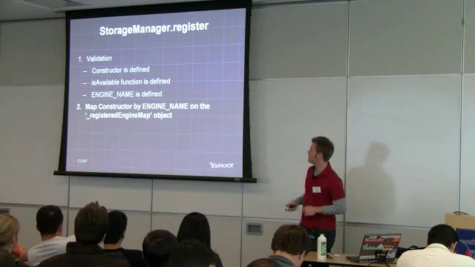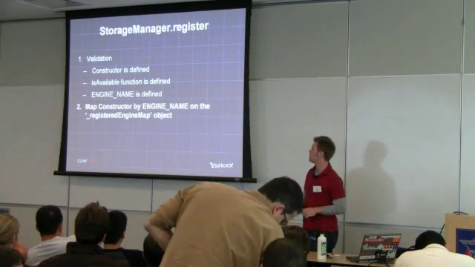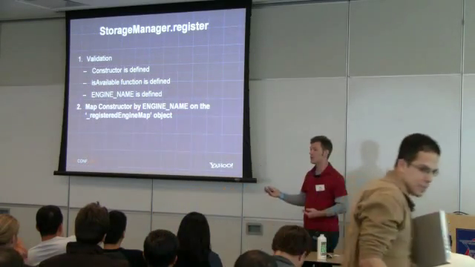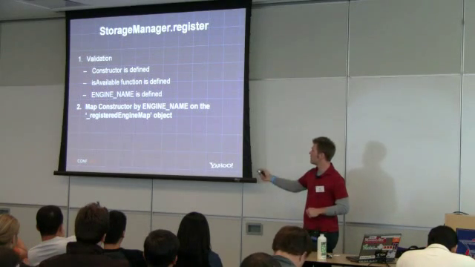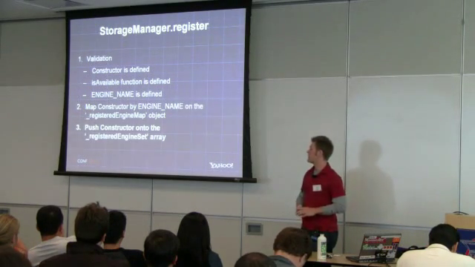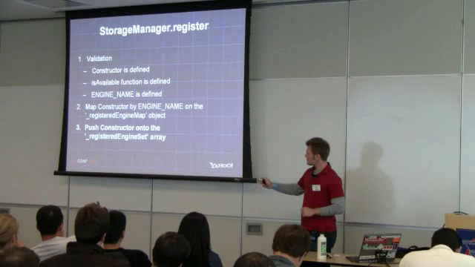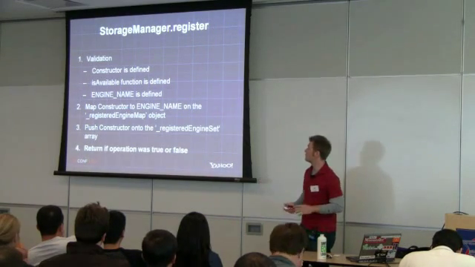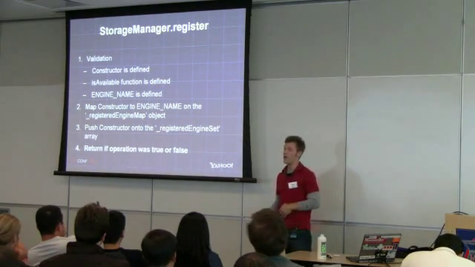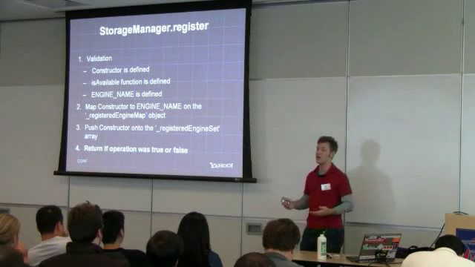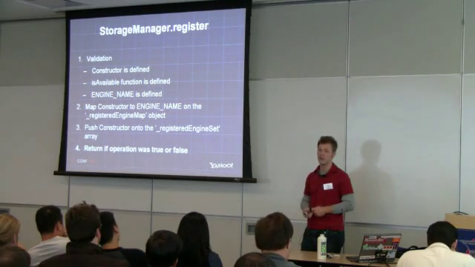And the map that's created is just the registered engine map, and that's a map of the engine name to the constructor method. And then we also create an array of all the engines that were successfully registered here. And this function will return true or false depending on whether it validated and was added to the registered set list.